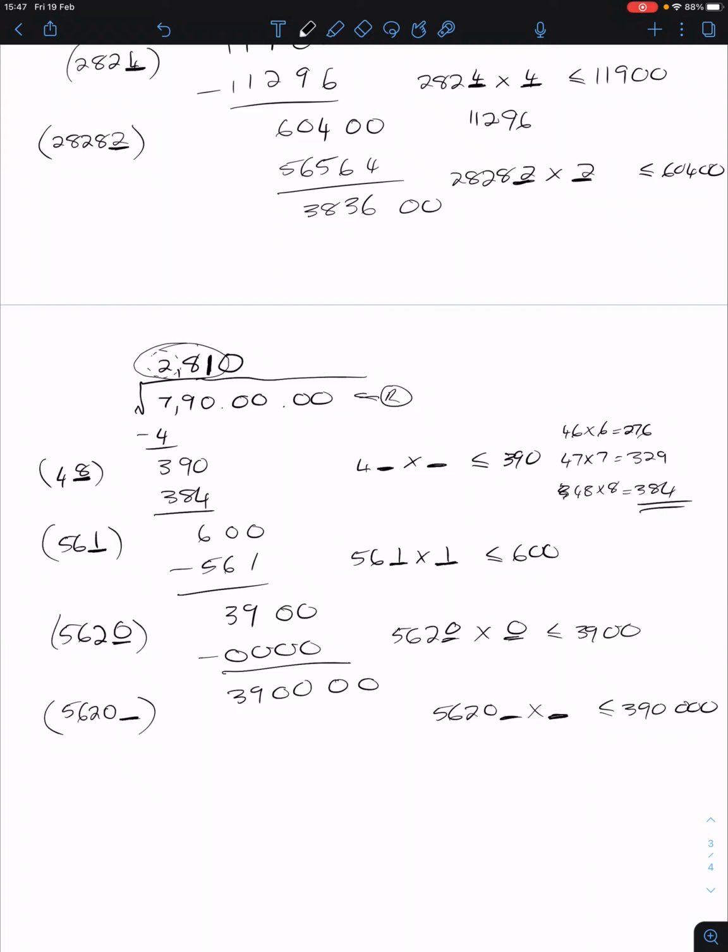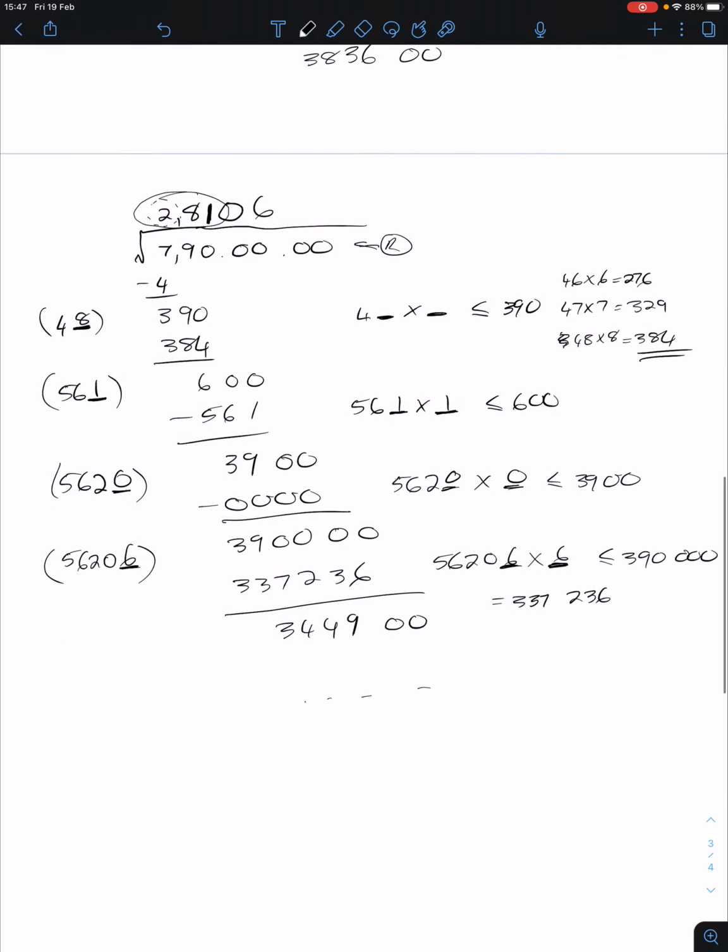And just to make this short, we will be using a 6 because that equals 337236. So if we place a 6 times that, you've got the 337236. And if you subtract, 3449, and you can bring down the next digits, and so on and so on.